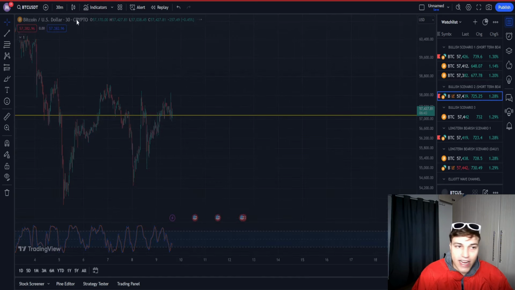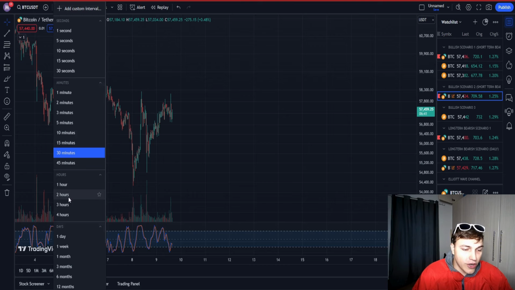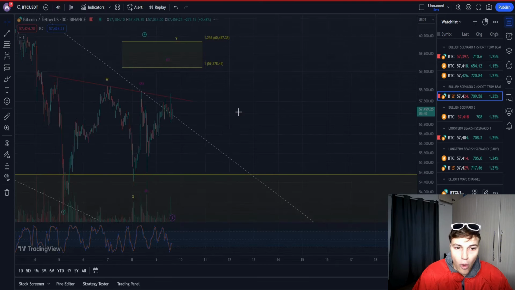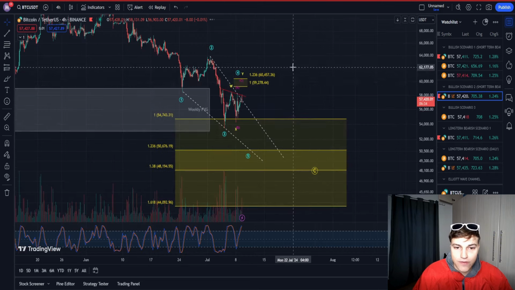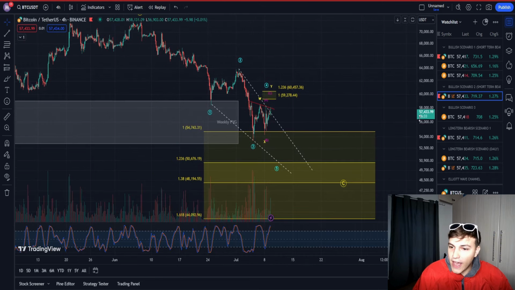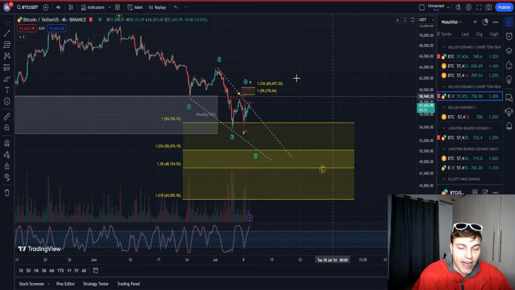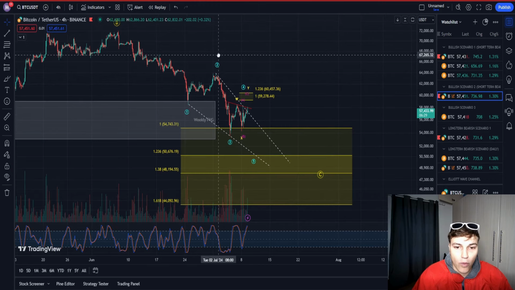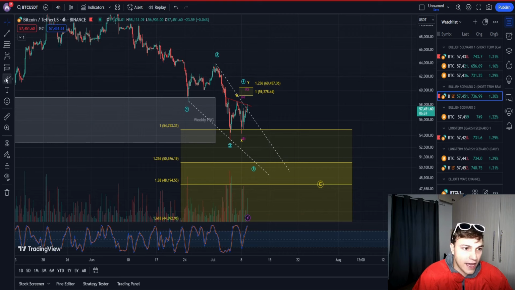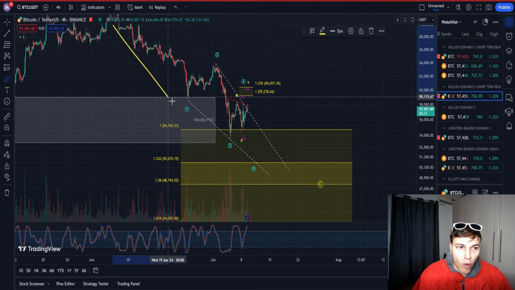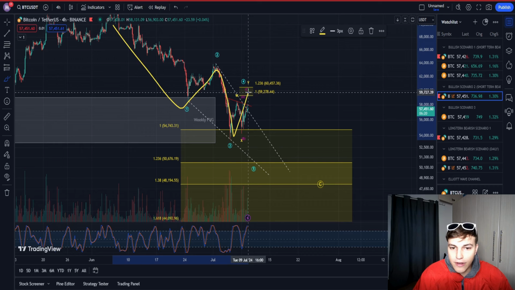Now, for the second bullish scenario as a whole, we are looking at this with an ending diagonal in the entire wave C. This would be a wave 1 down, 2 up, 3, 4, targeting out this box which we are in at the moment.